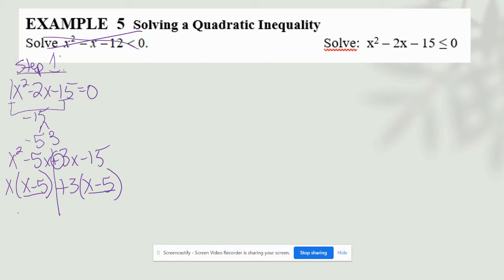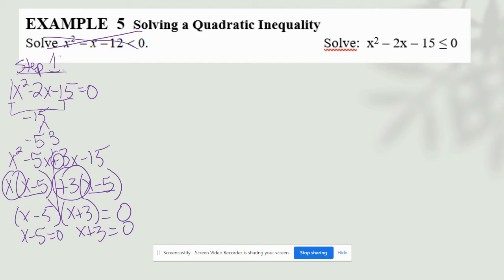My parentheses are the same, so we have x minus 5 as our new common factor, x plus 3 as our leftovers. Remember, these are equal to 0, so we set each part equal to 0 and solve for x. Add 5 to both sides and we get x is equal to positive 5. Subtract 3 from both sides and we get x is equal to negative 3.